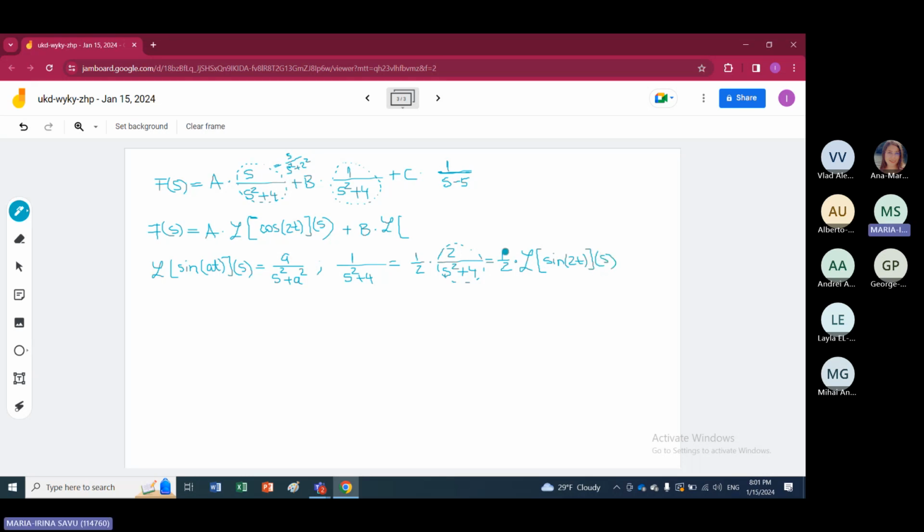in variable s. But you know that the Laplace transform is a linear application. So this is actually equal to Laplace of 1 over 2 times sine of 2t of variable s. Okay, plus c times Laplace of what function?